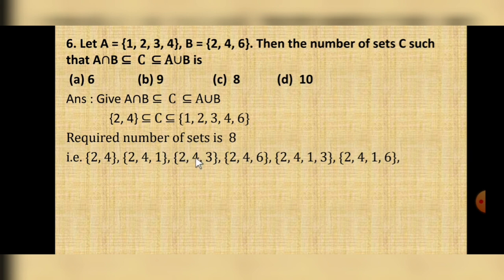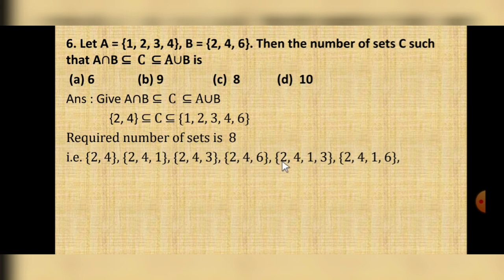Next, along with {2, 4}, what is the next element? {2, 4} is a fixed term. Along with this one you take 1. Then along with {2, 4} you take 3. Along with {2, 4} you can take 6. These three sets satisfy both conditions. This term is a subset of the three-element set and this same set is a subset of this set. These are the sets having 3 elements.